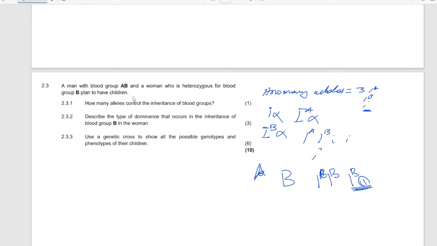So this allele for B is completely dominant over the allele for i. Hence, for blood group B, the type of dominance occurring there is complete dominance.